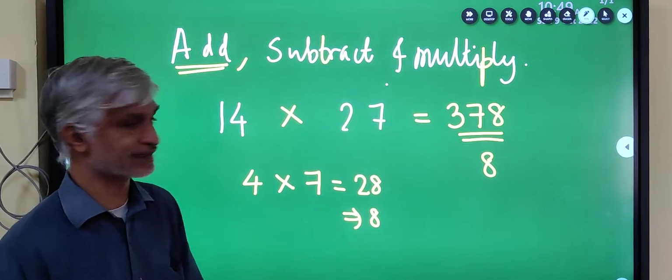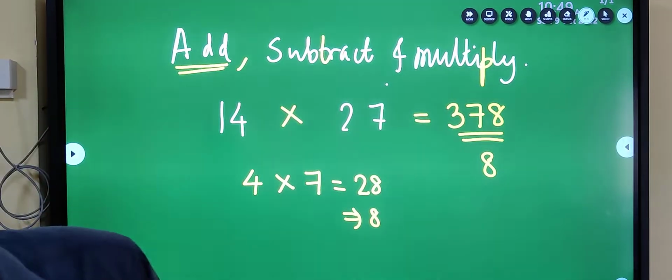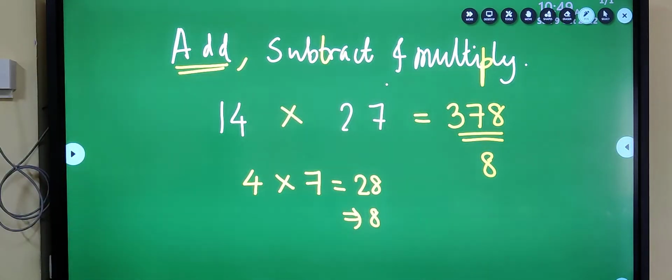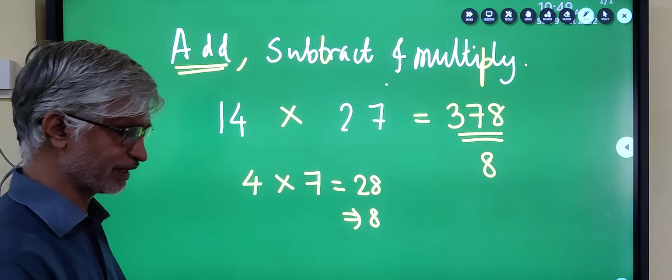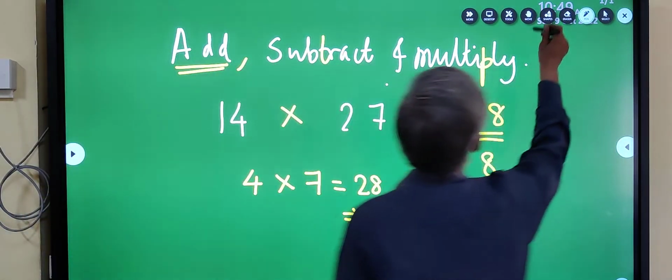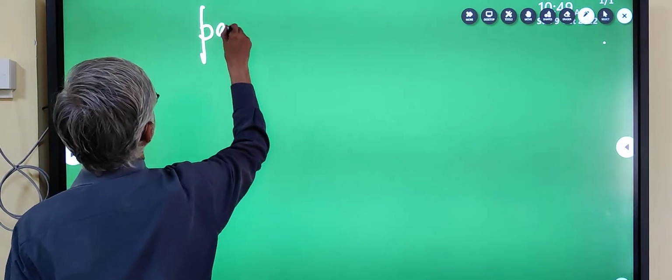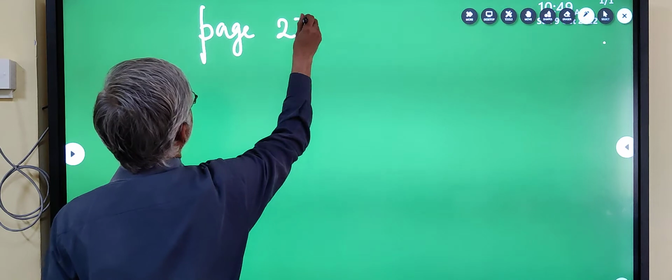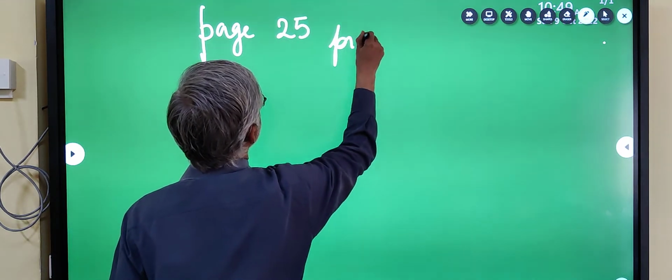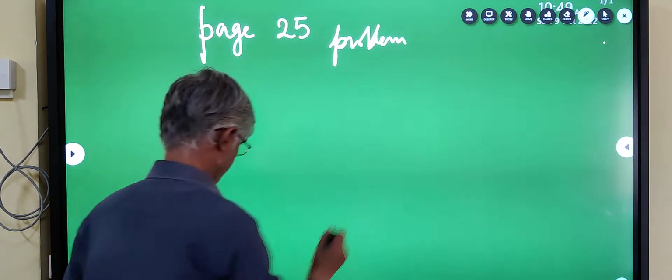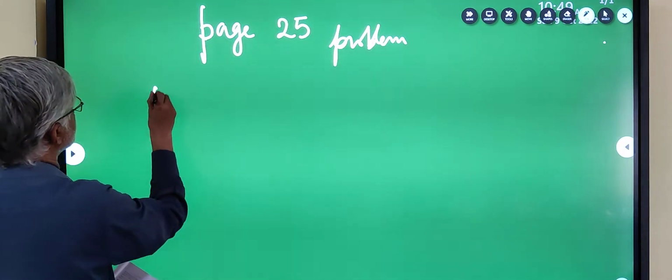And the first example I shall take from the book. It's on page number 25. So please go to page 25, problem number 15.